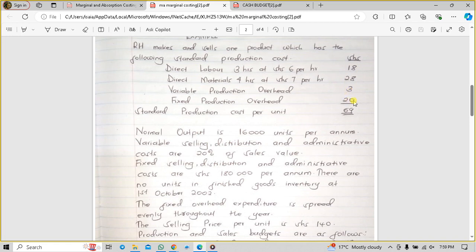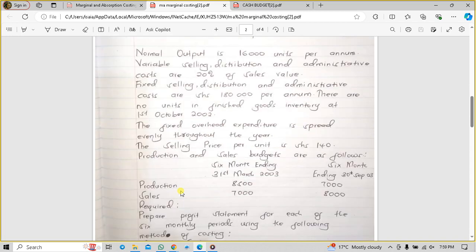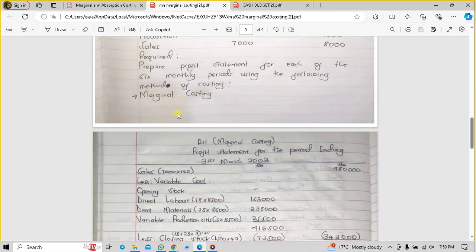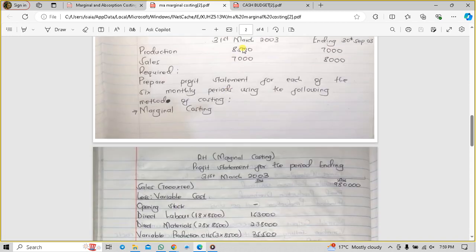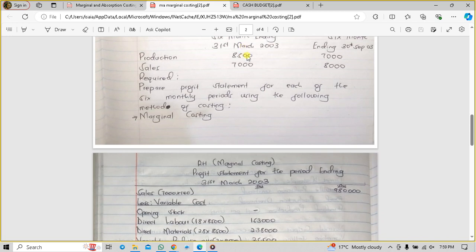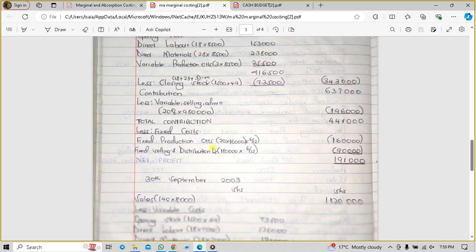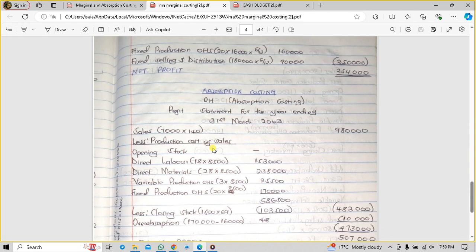And for absorption costing, we're also going to consider the fixed production overhead. So we are using 8,500 because it is 31st March, so production is 8,500.